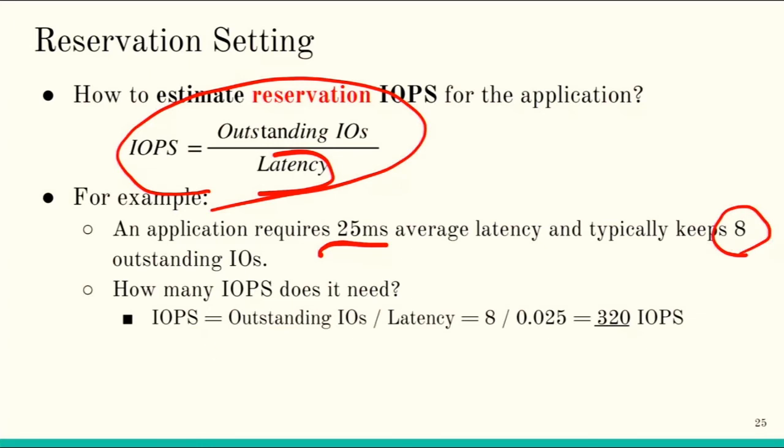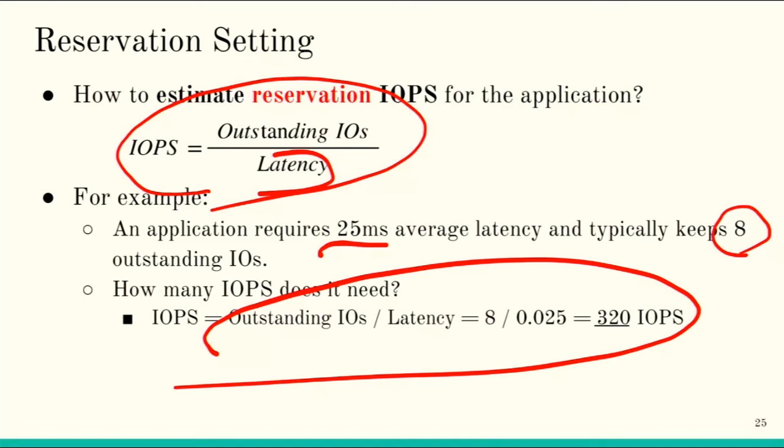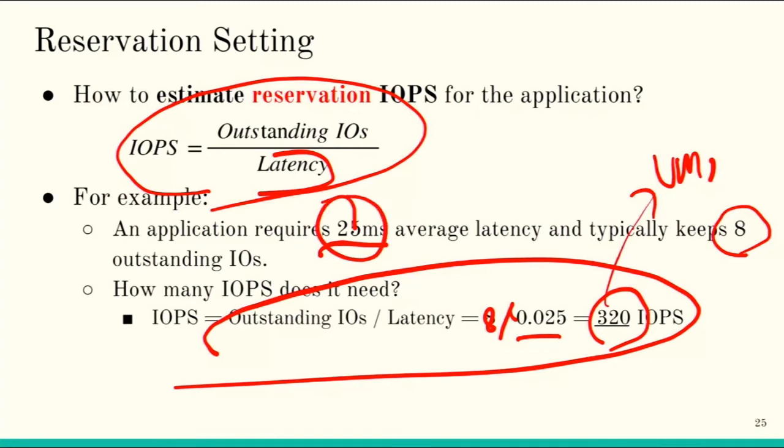We have 8 divided by this number, so we have 320 IOPS for the reservation. This is for VM1. For other VMs, you can calculate using this formula, depending on the latency requirement and the outstanding IO number.